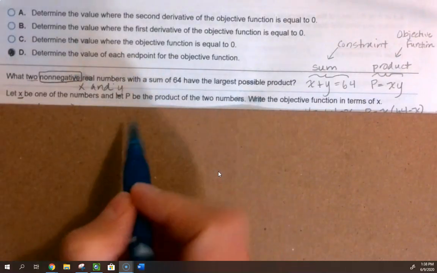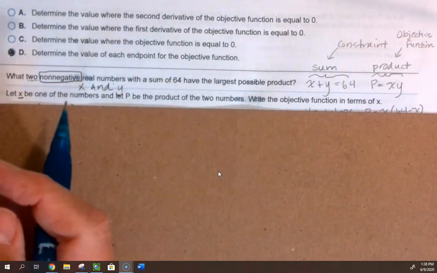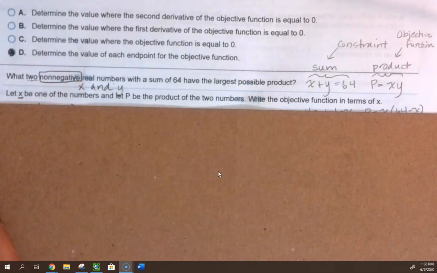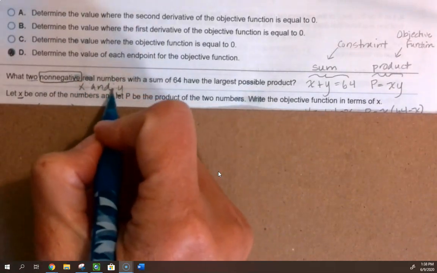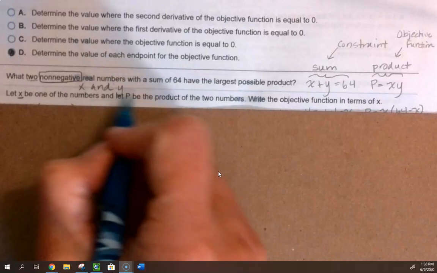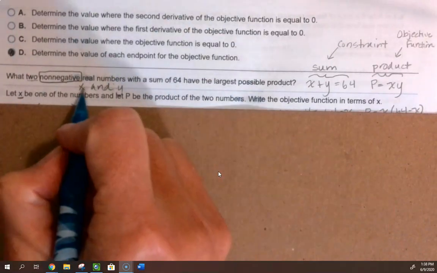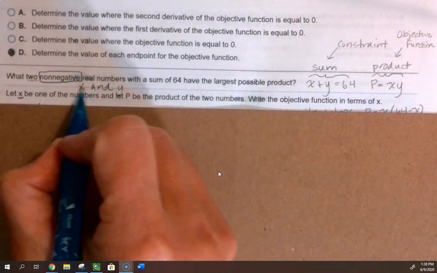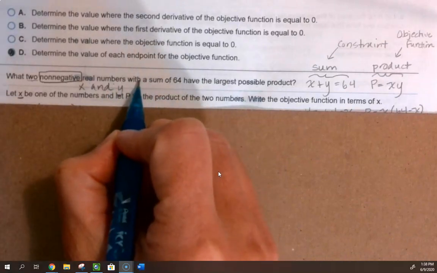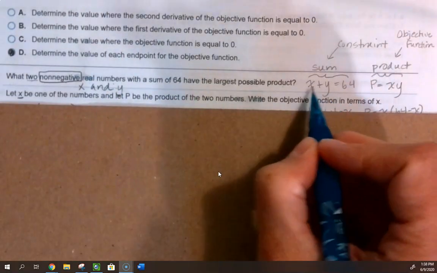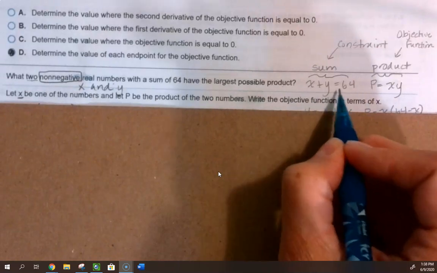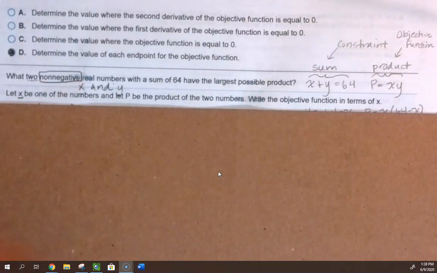And so make sure that you read down so that you're using the variables that they use, because that'll help you as you solve the problem. I chose then to use X and Y. You could have used X and B or something else like that, but I chose X and Y. So those are my variables, and I know that they have a sum of 64. So then I can say X plus Y is equal to 64.